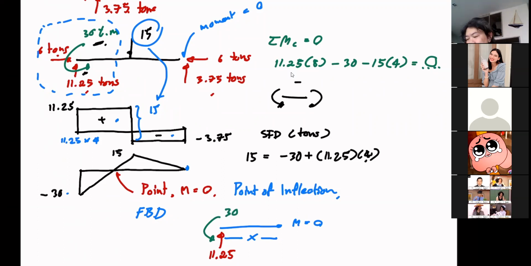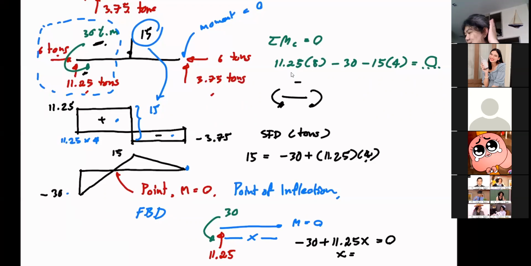So I can just cut this free body diagram and write my moment equation. So it's going to be minus 30 plus 11.25 multiplied by x equal to 0. Now you can obtain your x.